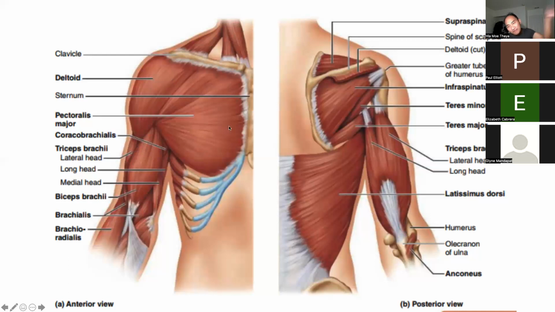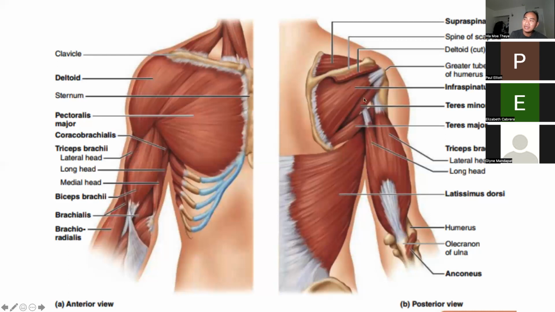And now if we flip the cadaver, look at the posterior surface, spine of the scapula here, in the fossa supraspinatus muscle, in the infraspinous fossa, we have the infraspinatus muscle here. And now we can see little teres minor muscle here.